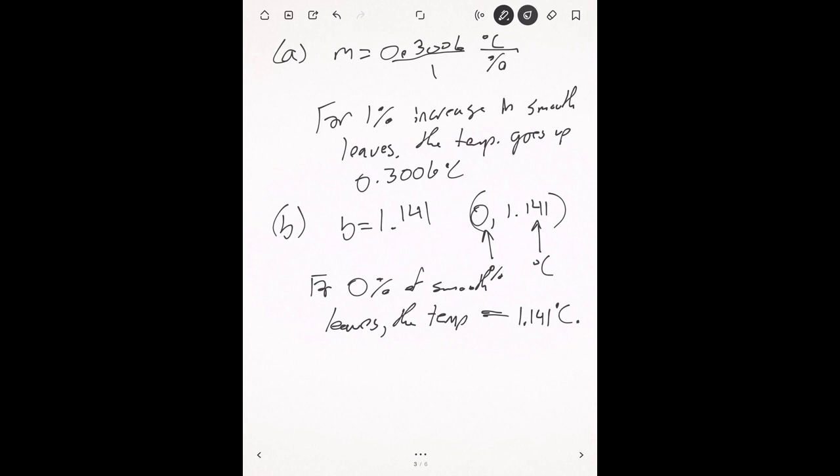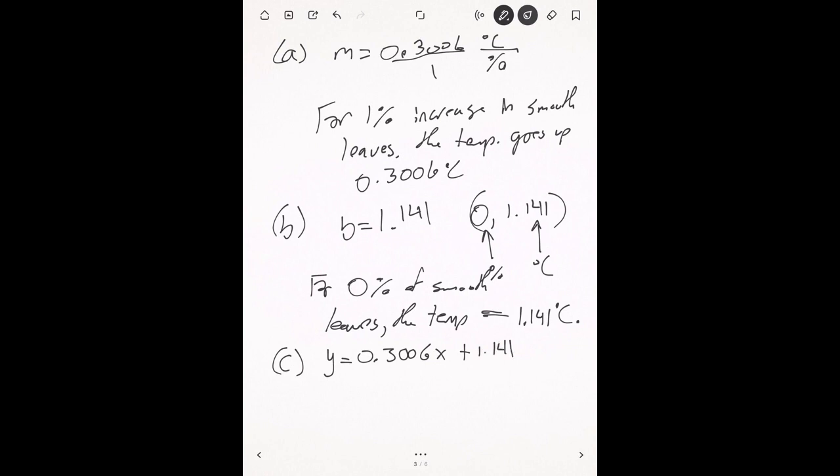The last part we're going to talk about for this problem is using this model to approximate the temperature of an area if you know the percent of leaves. So the model was y equals 0.3006 x plus 1.141.